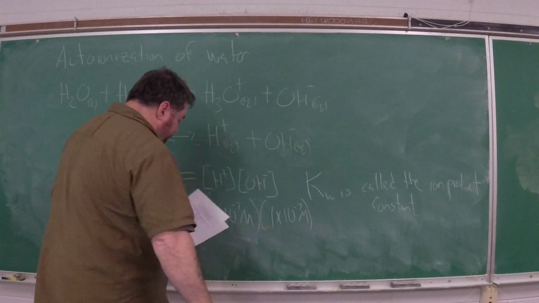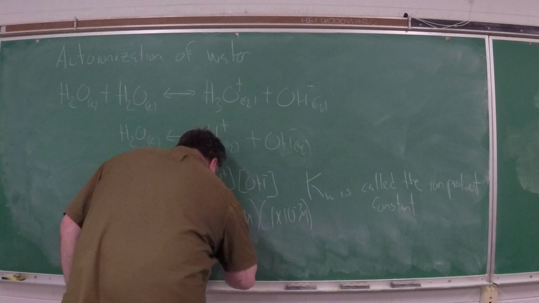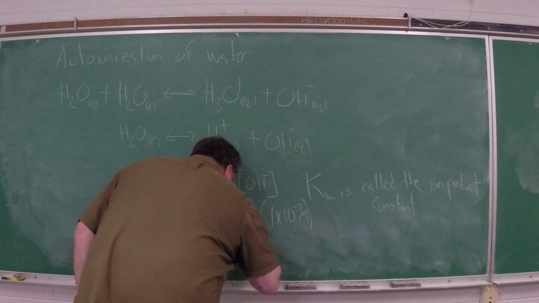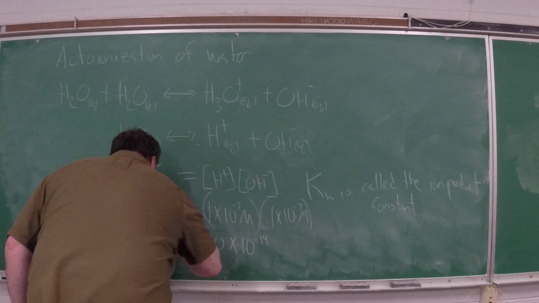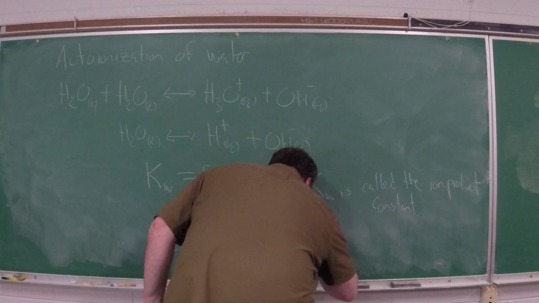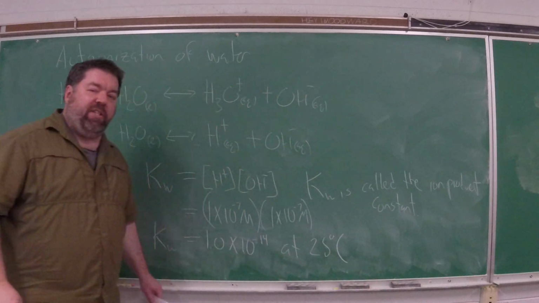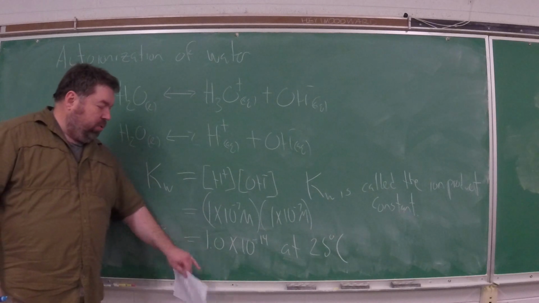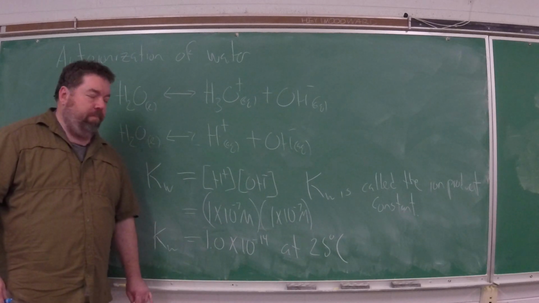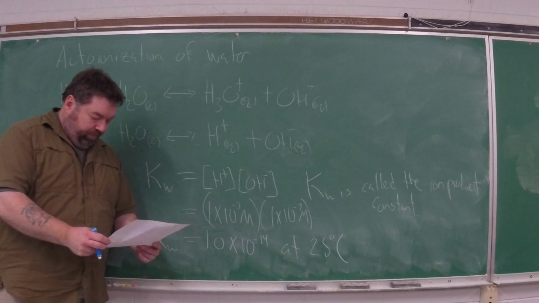So KW ends up equaling 1 times 10 to the minus 14 at 25 degrees Celsius. Okay, the temperature will change that a little bit, but we're usually going to use that right there. KW equals 1 times 10 to the minus 14. All right? Again, this is all at 25 degrees Celsius.